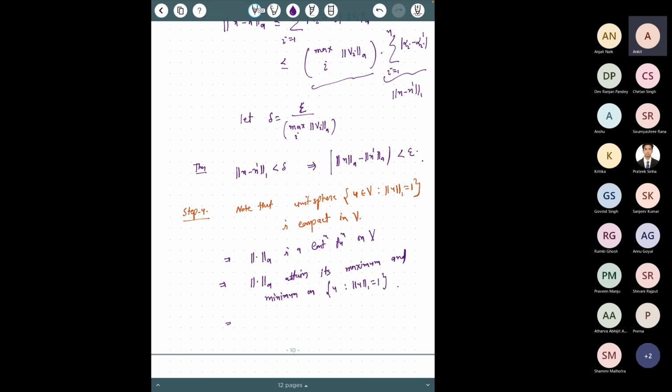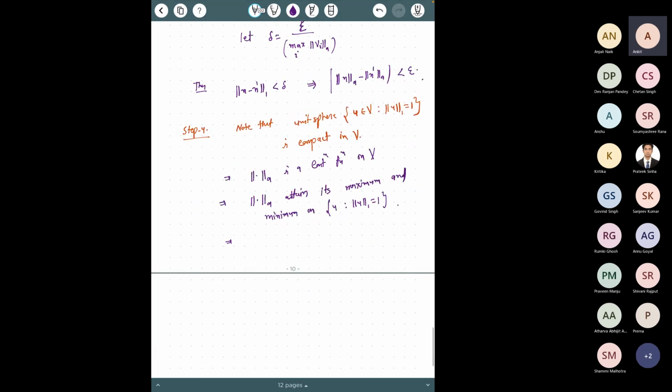So let us call the minimum C1. This is the minimum of the a-norm of u on the set of u such that the one norm is 1, and call C2 the maximum. So these C1 and C2 exist.